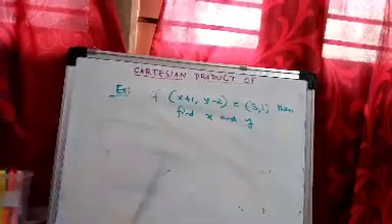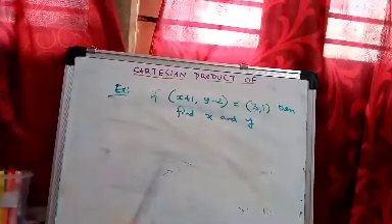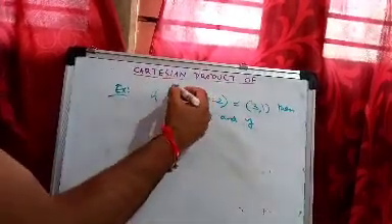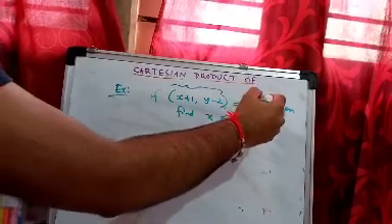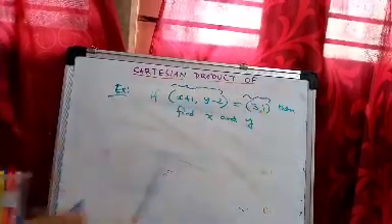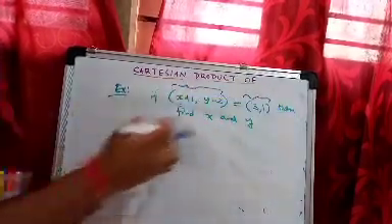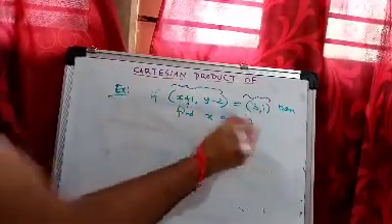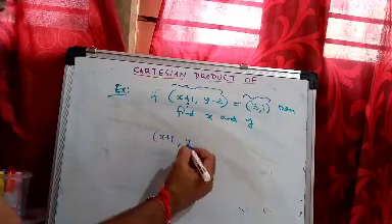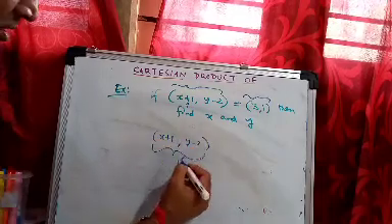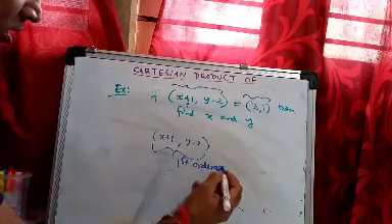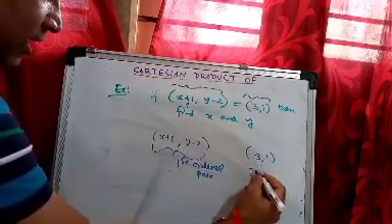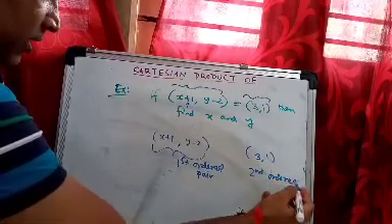Here (x plus 1, y minus 2) is my first ordered pair, and (3, 1) is my second ordered pair.